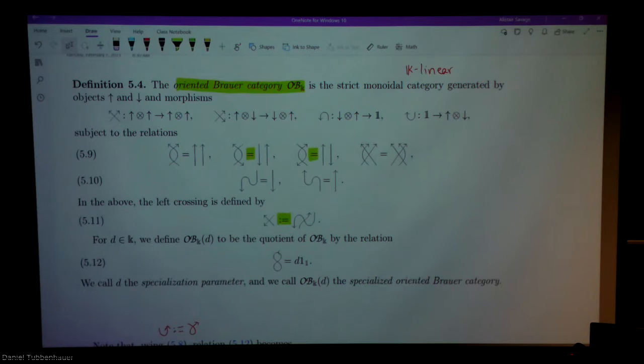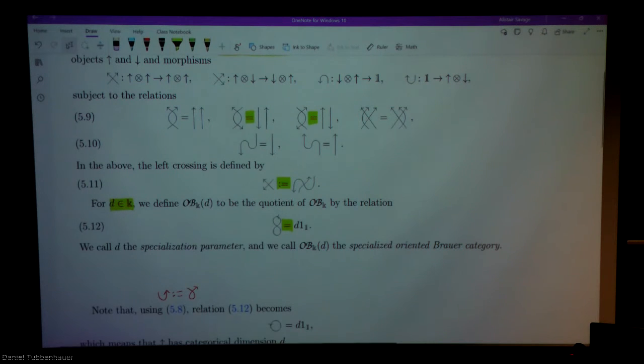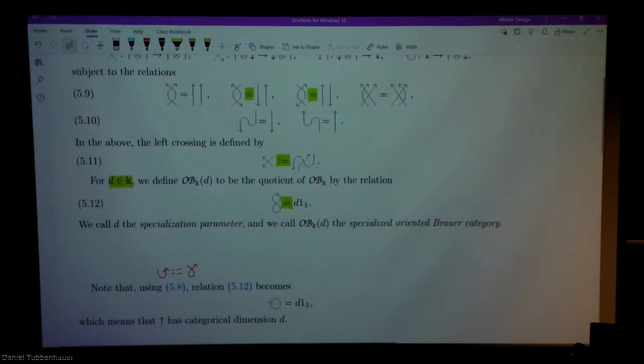Now, we often want to do one more thing. We take some element D of our field and we impose the condition that this figure 8 is D times the identity morphism of the unit object. Why the figure 8? I'm just drawing it as a figure 8 because I want to write it in terms of our generating morphisms. But remember, if we define our right cap to be this twisted left cap, then that just becomes that the bubble is D times the identity.